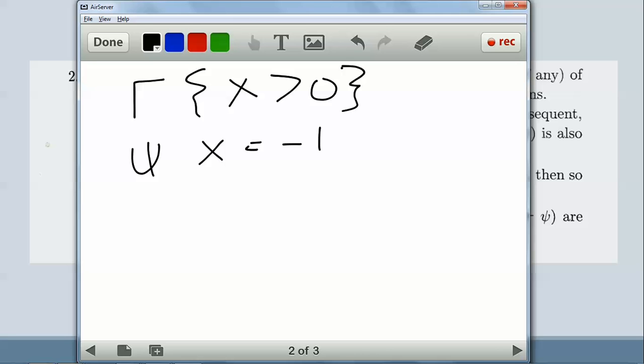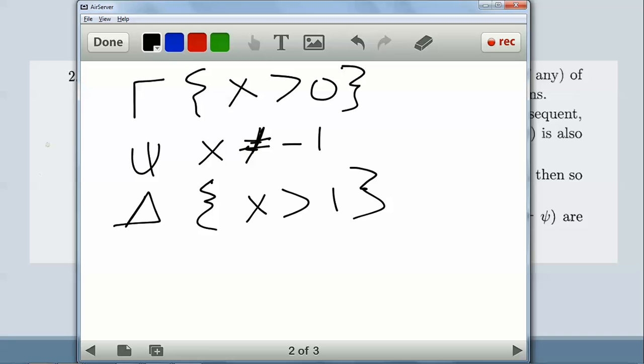All right, and then we can give delta as the set of statements x is greater than 1. Now, x is greater than 1 also entails, oh shoot, I'm sorry, x does not equal -1. This is wrong. Yeah, x does not equal -1. So this entails that, and this entails that.